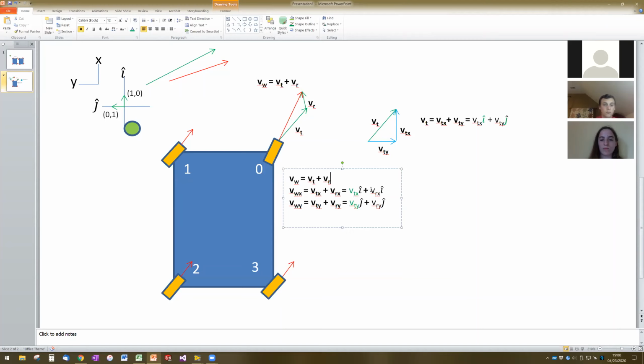Describing the velocity that we want to rotate with in terms of its x component or y component is not physically very useful. It's not very physically intuitive to us. A more useful description is saying that we want the robot to rotate with a certain angular velocity. So we want it to spin about the center of the robot with some rotation rate.